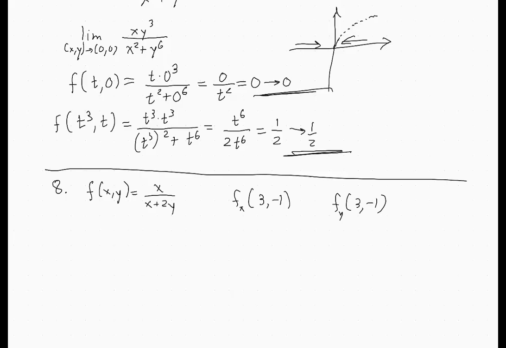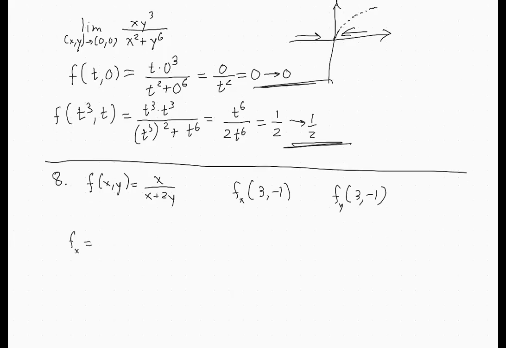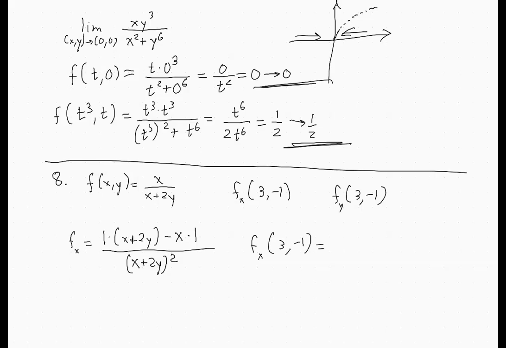So it's going to be, according to the quotient rule, 1 times x plus 2y minus x times 1 over x plus 2y squared. And if you plug in the specific point, then you will get 1 times 1 minus 3 times 1 over 1 squared, which is simply minus 2.